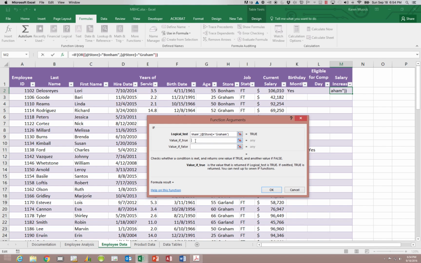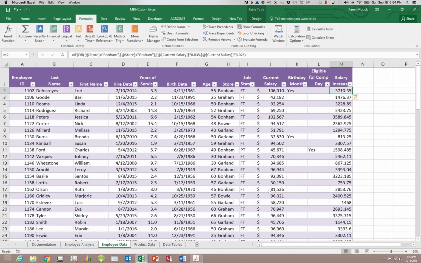Now we said if one of those stores is true, if either one, we're going to take their current salary and multiply it by 0.035 for 3.5%. Then I'm going to go down to the false, and I'm going to say if it's not true, take the current salary and multiply it by 0.025. And I will click OK, and it will calculate an increase in pay.